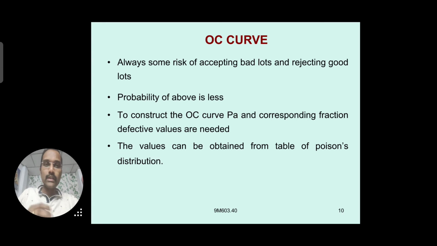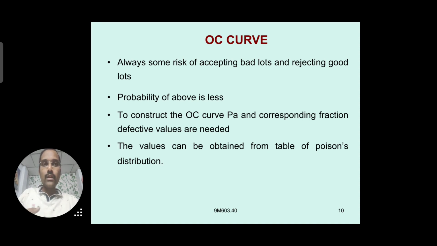So that condition has to be decreased. It means you should not accept the bad lots; you have to reject the bad lots and accept the good lots. So the probability of the things in this statement should be reduced, right?